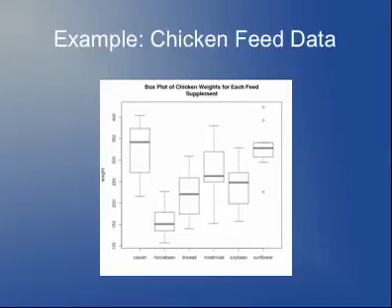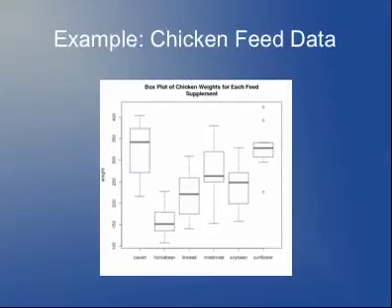See, for sunflower feed, there wasn't very much variation among most of the chickens with that feed. They were all pretty close to the median. You can see the 75% quartile and 25% quartile were both pretty close to the median. There's very little above the 75% quartile, but there were three that were either way heavier or way lighter than the others.